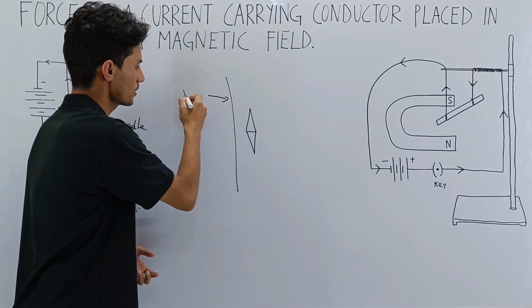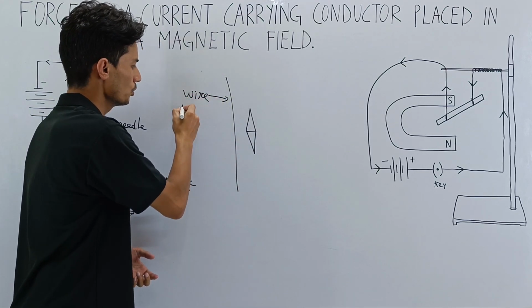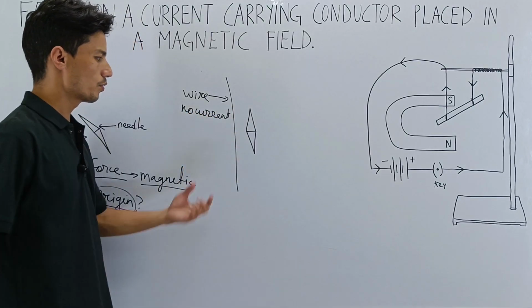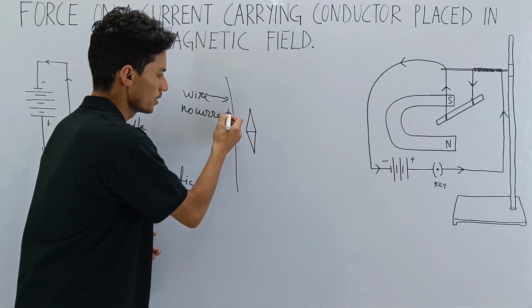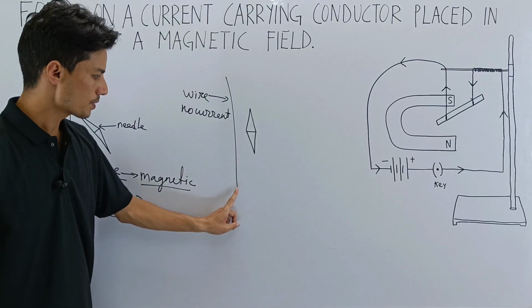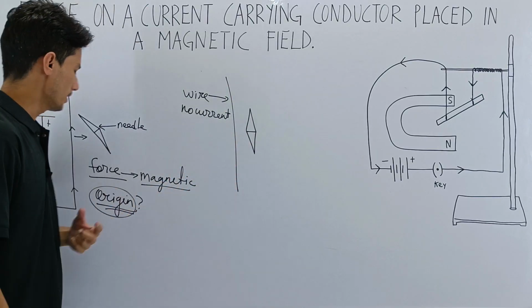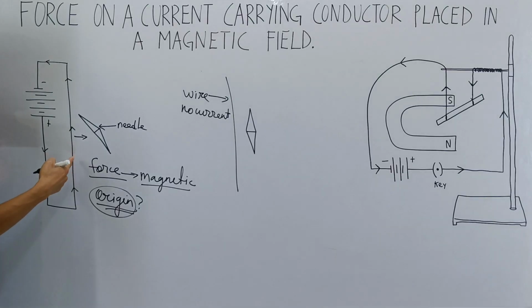This is the wire, where no current is flowing at this moment. So when no current was passing through the wire, the needle did not deflect. But immediately when current started to pass through the wire, the needle underwent deflection.